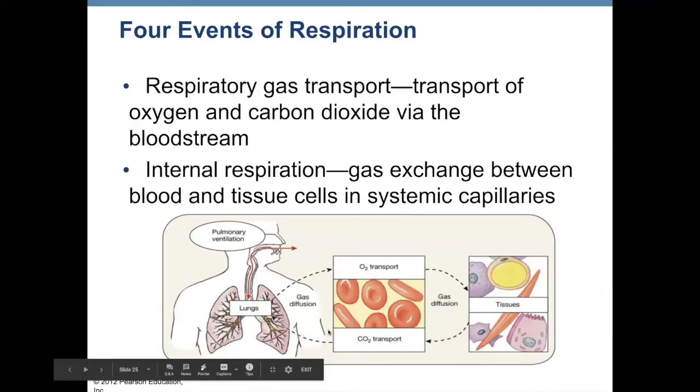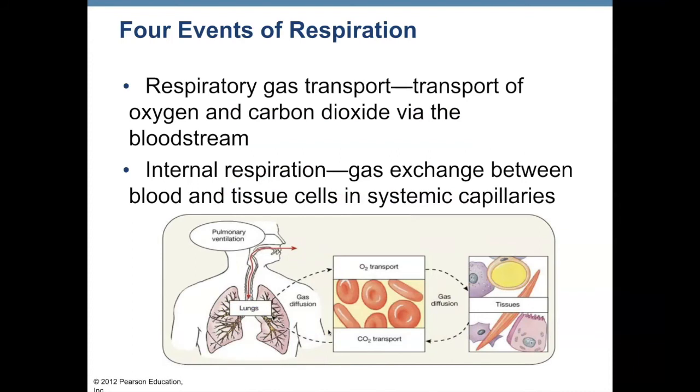Then the next two steps of respiration happen throughout the body, and that is the transportation of these respiratory gases, which is simply how our blood, the cardiovascular system, carries these gases to the places they need to go.